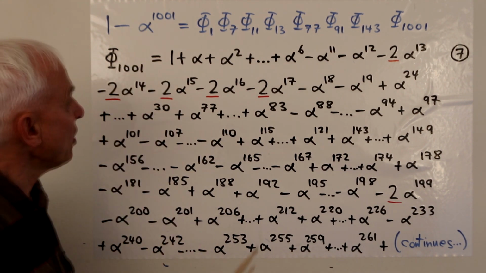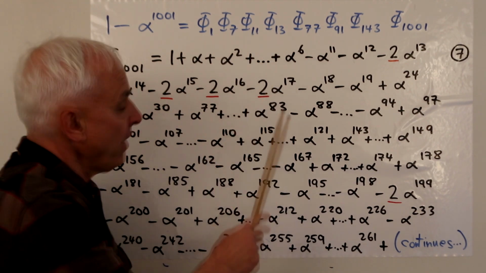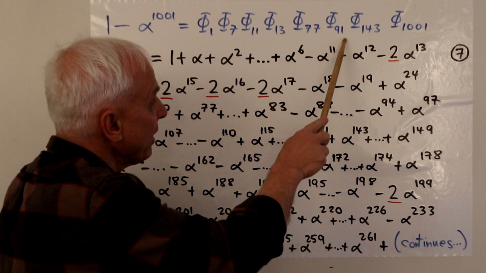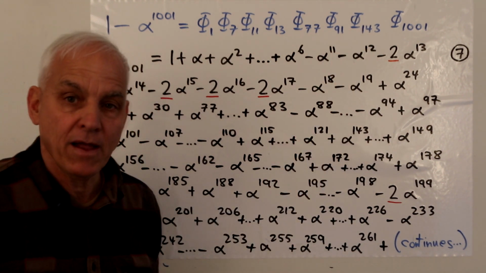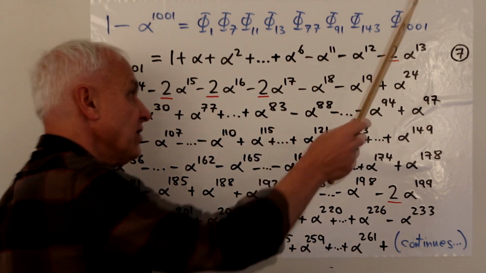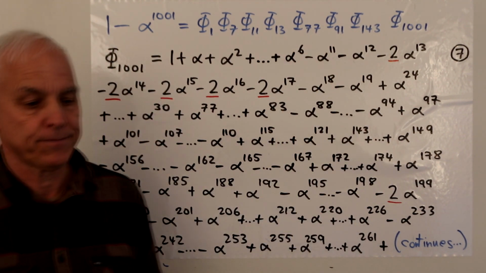And the divisors are 1, and then the 3 primes, 7, 11, and 13, and then these 3 pairs of primes that we've just looked at, 77, 91, and 143. And then there's the one more, the extra factor, which is the cyclotomic polynumber, phi sub 1001.